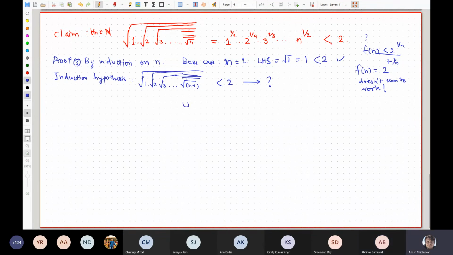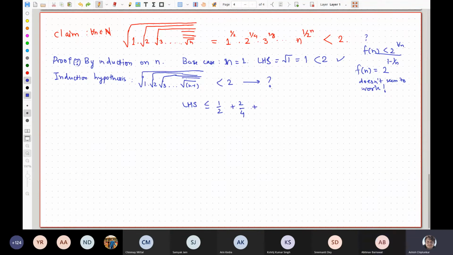So the LHS is less than 1 by 2 plus 2 by 4 plus 3 by 8. Acha. So you're treating this as a weighted geometric mean and doing something about it. Yes.